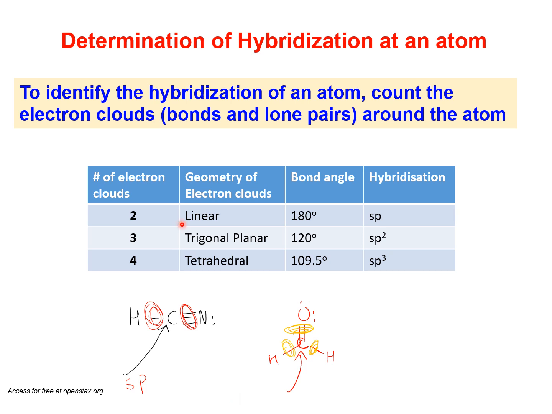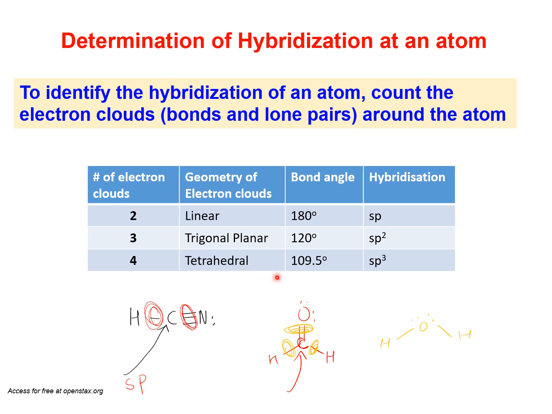For the third one, with the tetrahedral geometry, say for example I draw out a water molecule, HOH. Now, how many electron clouds do you see? You can count this as one electron cloud. Lone pairs are considered as another electron cloud. So we have two lone pairs, so two electron clouds, the third one here and the fourth one here. So four electron clouds.